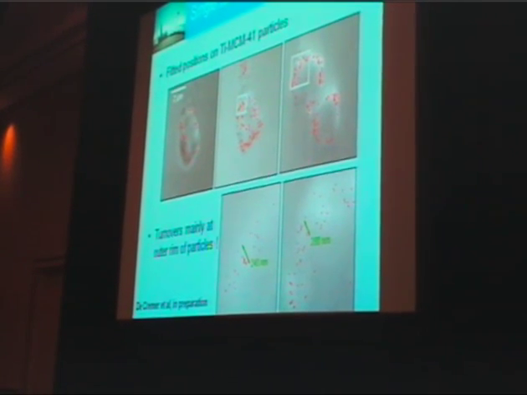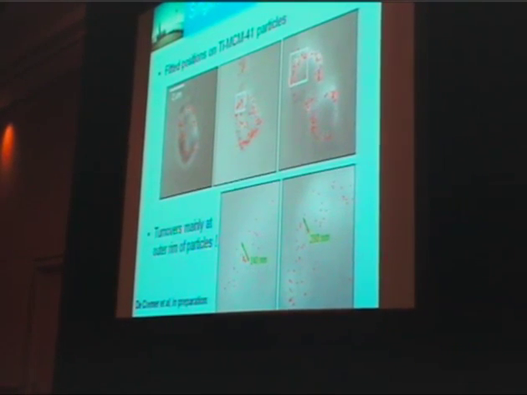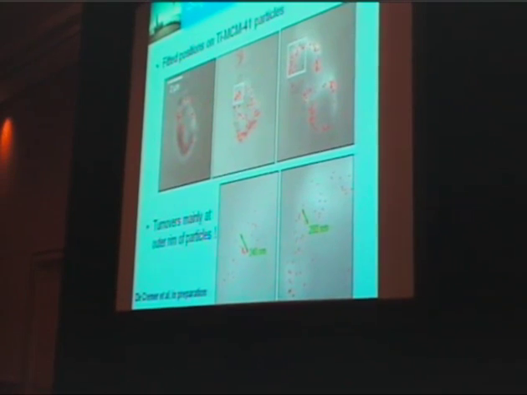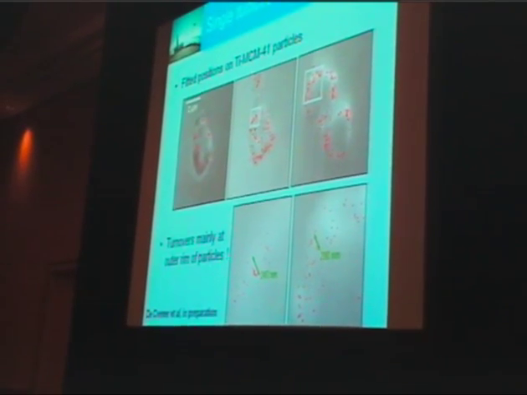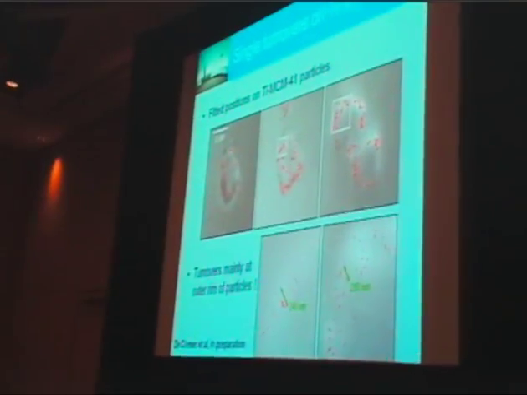Now you can indeed see that these dots are not very well dispersed throughout the whole particle, but mainly located at the outer rim of the particle. In the second example, you see some spots inside the particle, but probably this is because this is more like an aggregate of three particles here.